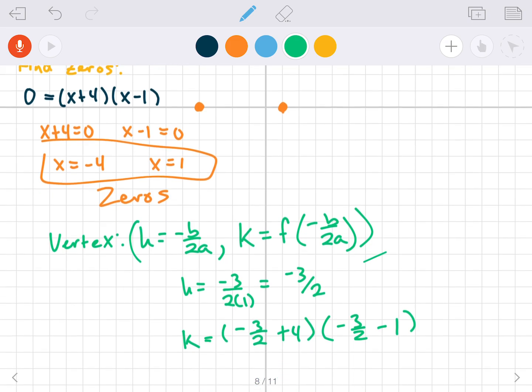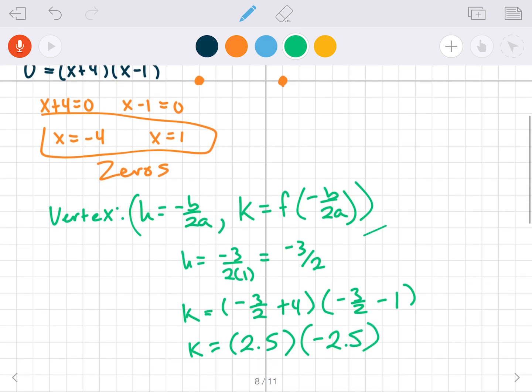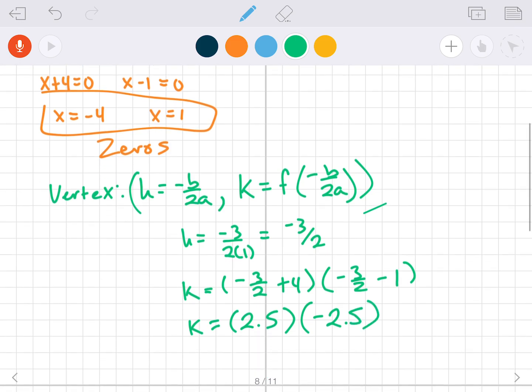All right, so let's see. We have negative 3 over 2 plus 4. That's going to give us 2.5 right here, times negative 3 halves minus 1. That's going to give us negative 2.5. So when I multiply those, I'm left with negative 6.25.